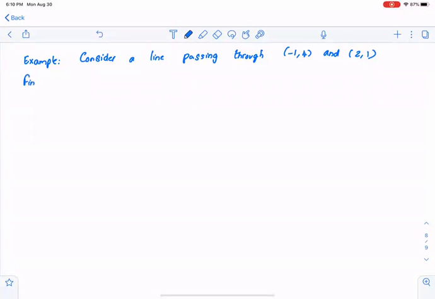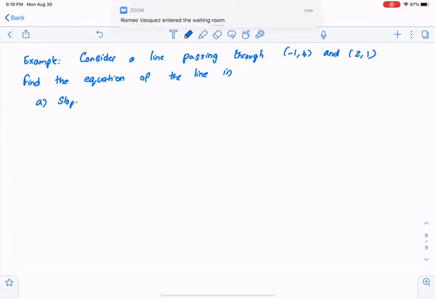Find the equation of the line in A, slope-intercept form, B, point-slope form.